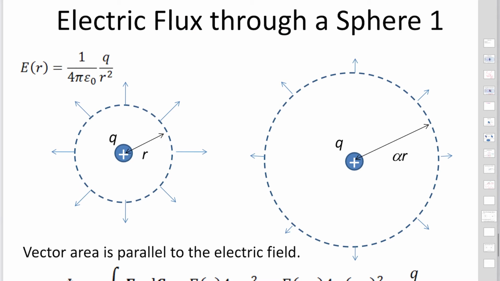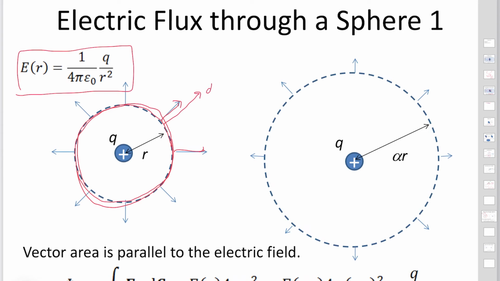We could calculate the electric flux through a sphere. So we consider the charge Q located at the origin. Then we consider a sphere with radius R. At every point on the surface of the sphere, the magnitude of the electric field is expressed by this equation, and the electric field is always directed in this direction. The area vector ds also has the same direction.